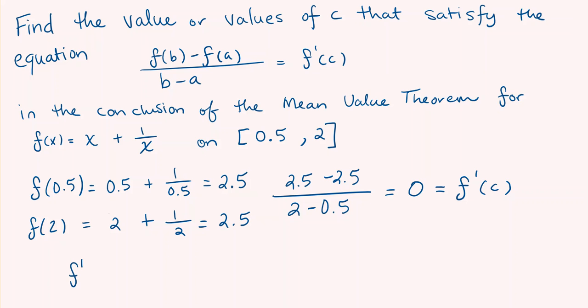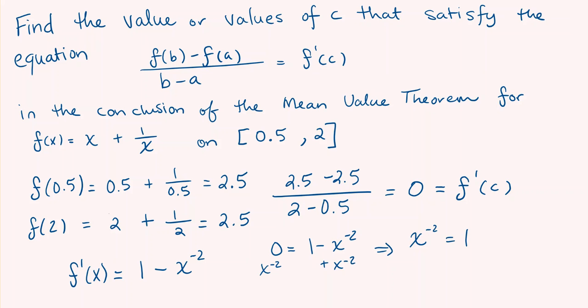We earlier found that the derivative of this function is 1 minus x to the negative 2. So we ask, when is that derivative equal to 0? We know we're guaranteed there is some point within this interval that makes that true. So we add x to the negative 2 to both sides: x to the negative 2 equals 1. This is the same as 1 over x squared equals 1.